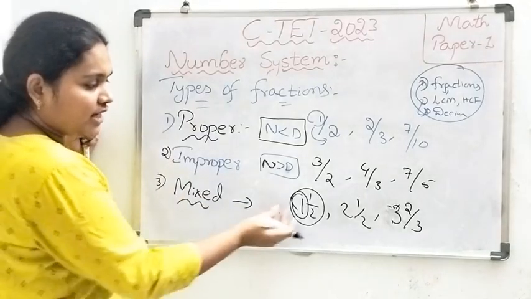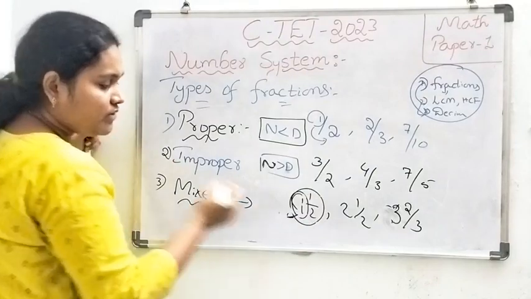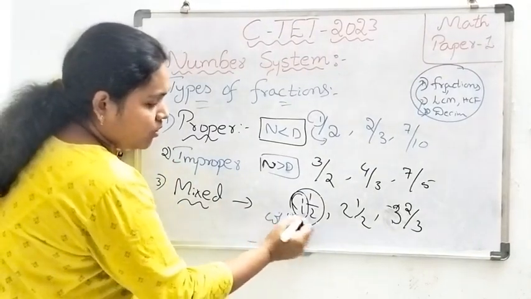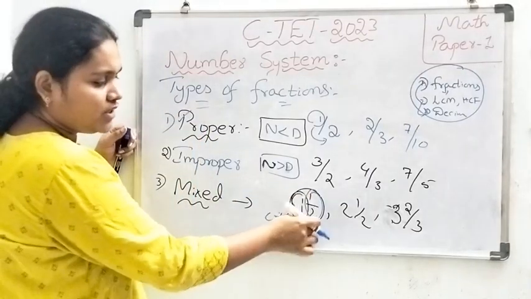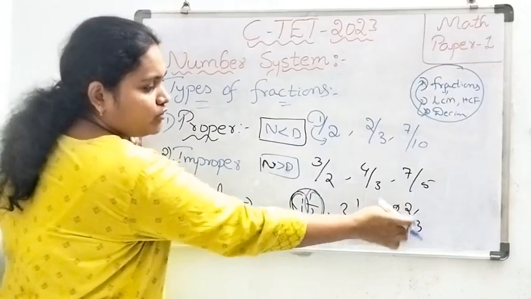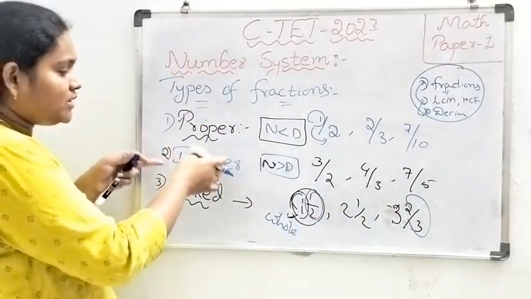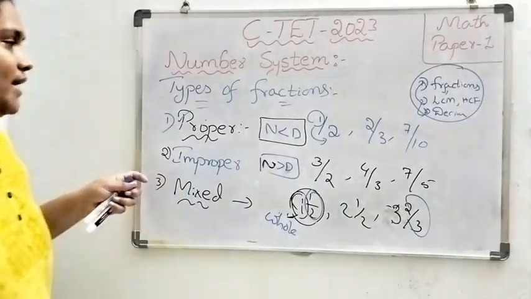A mixed fraction contains a whole part, one full number, and the remaining part. The whole number is the whole part, and this fraction must be a proper fraction, like 1 by 2, 2 and 1 by 2, 2 by 3. So this is about 3 types: proper, improper and mixed. Okay. And next.